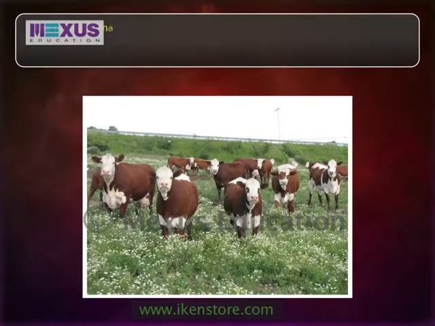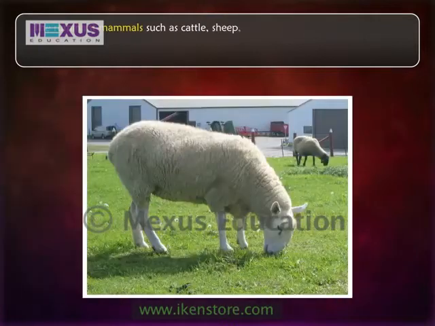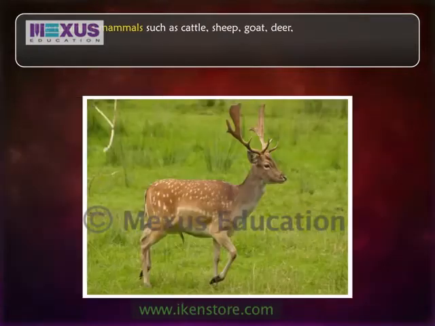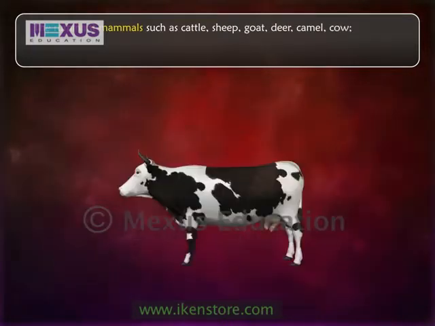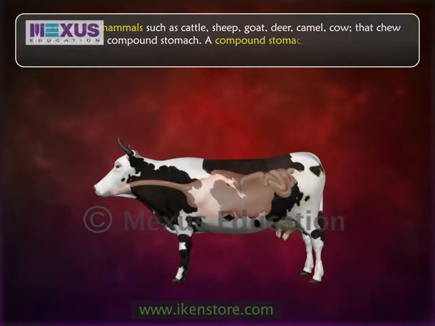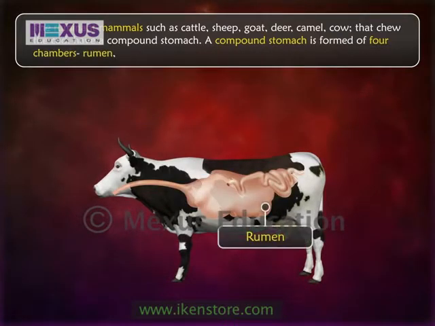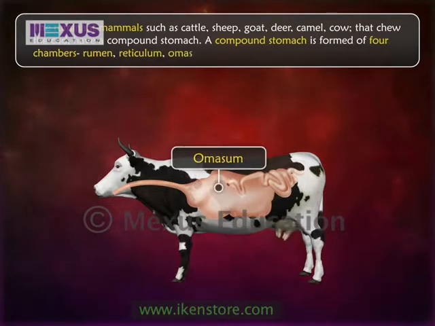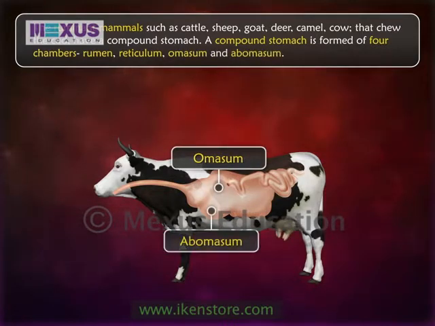The ruminant mammals such as cattle, sheep, goat, deer, camel, cow that chew cud have a compound stomach. A compound stomach is formed of 4 chambers: rumen, reticulum, omasum and abomasum.